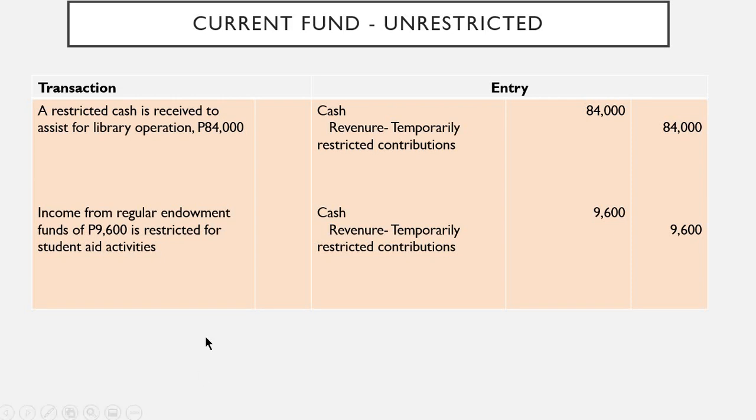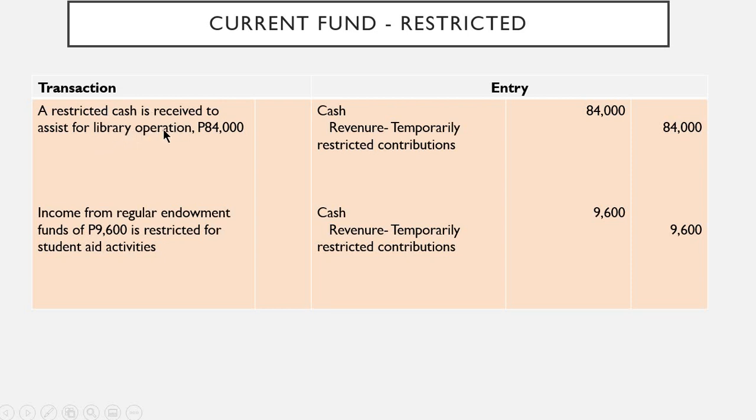Next is restricted cash received to assist library operations, yung mga academic support, yan, for 84,000. So, debit to cash and a credit to revenue, temporarily restricted contribution for 84,000. Okay, remember na meron siyang restriction.